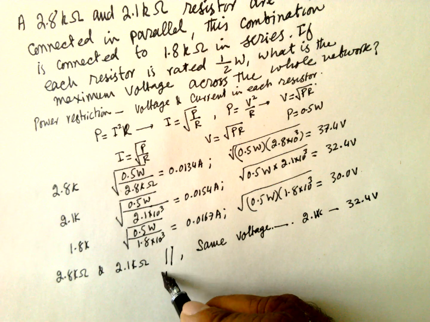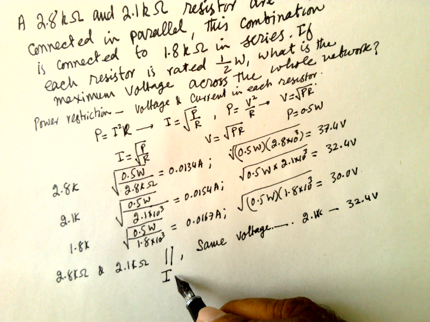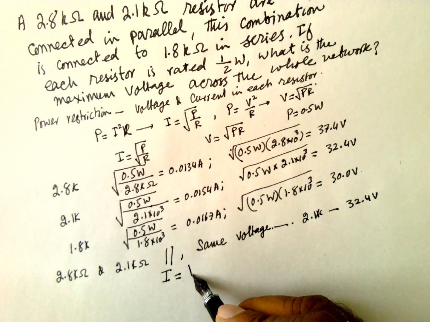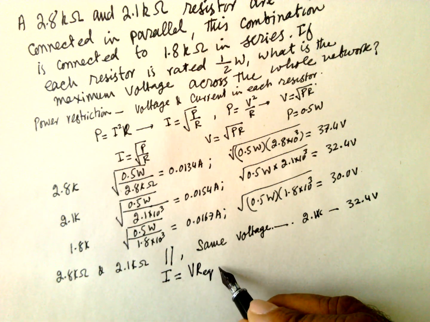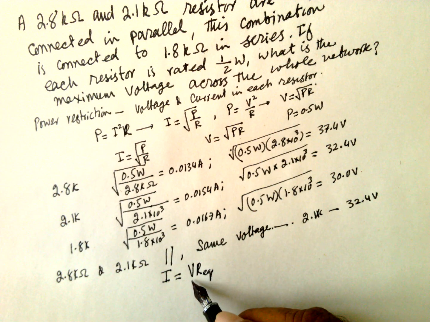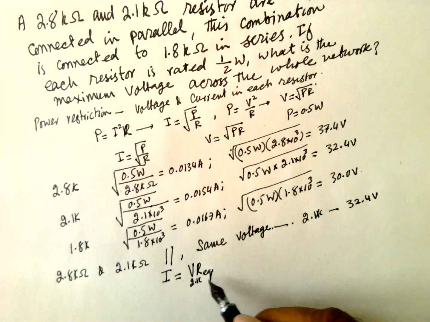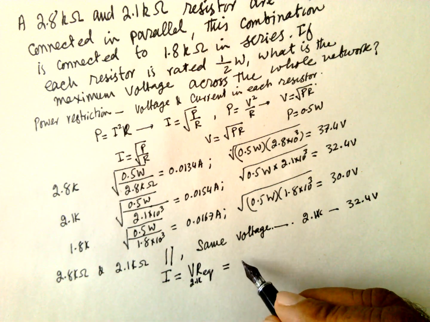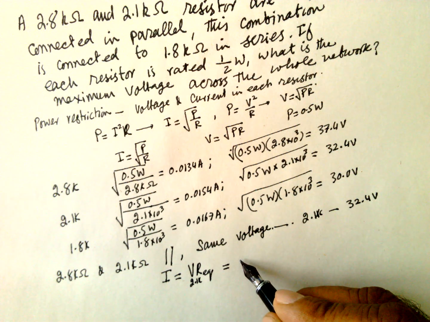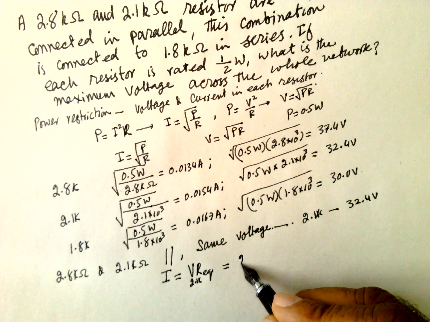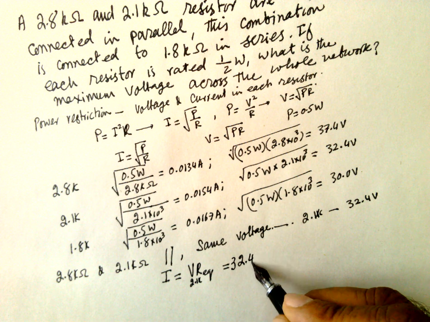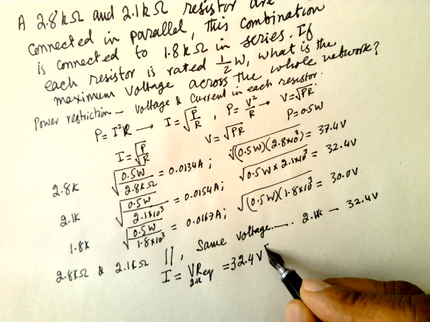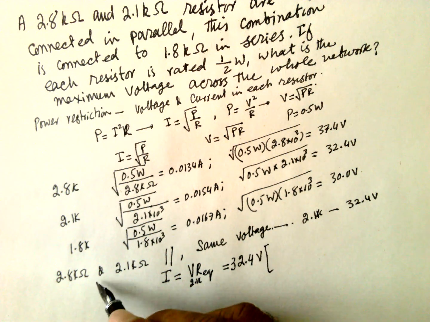The current I is equal to V over R equivalent. V of 2.1 is 32.4 volt, over R equivalent of these two.